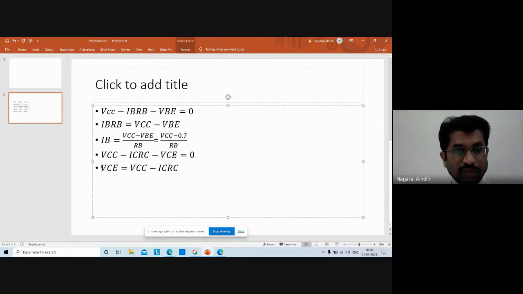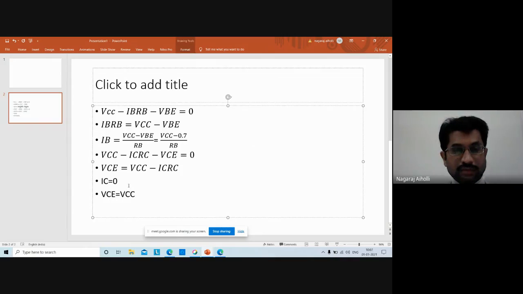First I will substitute for the x-axis. On the x-axis it is VCE, and IC is 0. If I substitute IC equal to 0 in this equation, the product of IC into RC will be 0. Therefore, VCE will be equal to VCC.